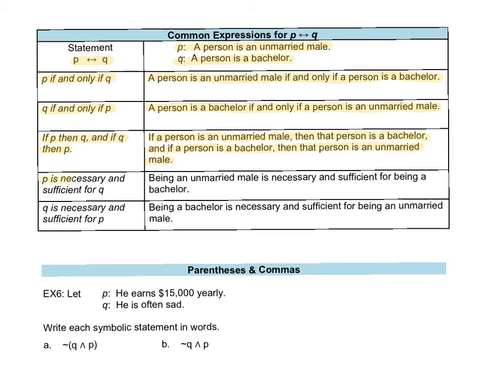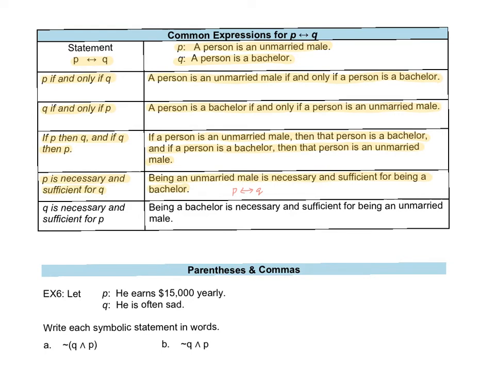So P is necessary and sufficient for Q. Being an unmarried male is necessary and sufficient for being a bachelor. Still, when you see necessary and sufficient, still going to be P if and only if Q. Same meaning.